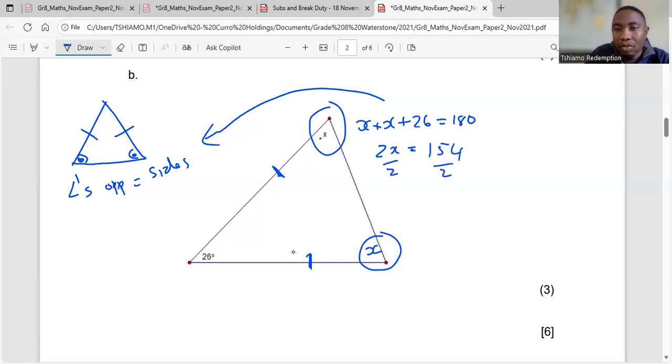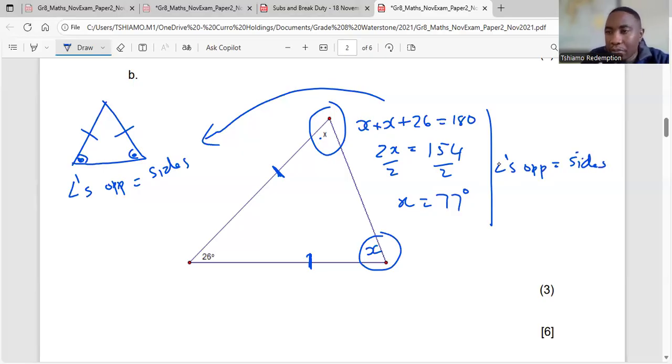Divide both sides by 2. X will be how much? 77 degrees. So here we use two reasons: angles opposite equal sides, and then the sum of interior angles in a triangle. We don't use base angles are the same.